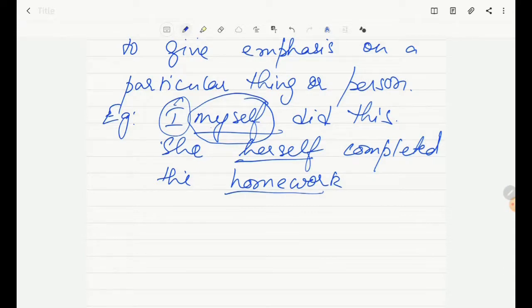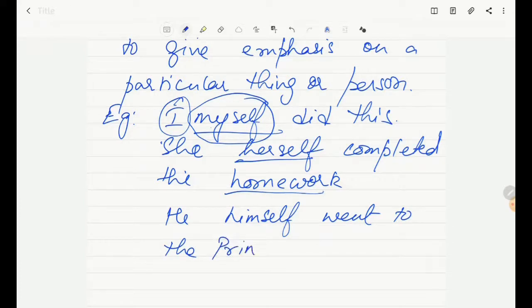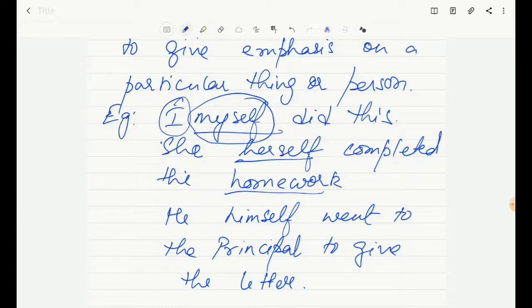I am giving you more examples of emphatic pronouns. He himself went to the principal to give the letter. So as the sentence suggests, there was nobody with him; he was the only person who went to the principal and gave the letter.